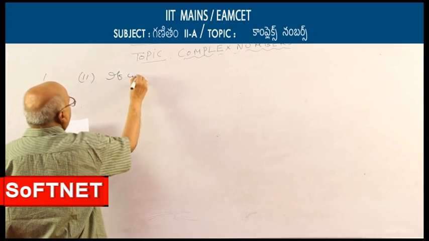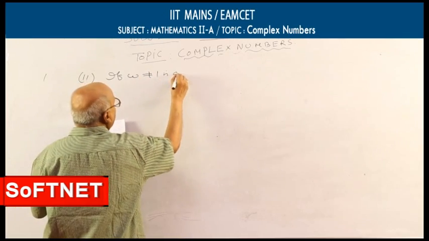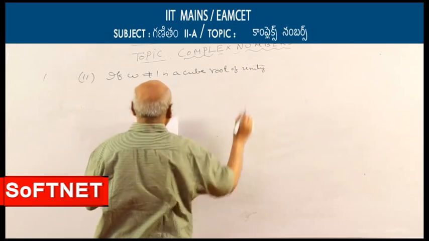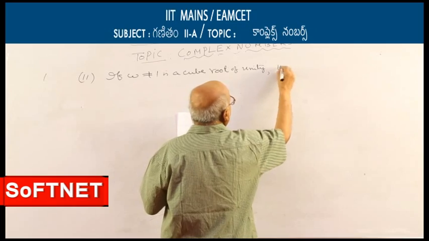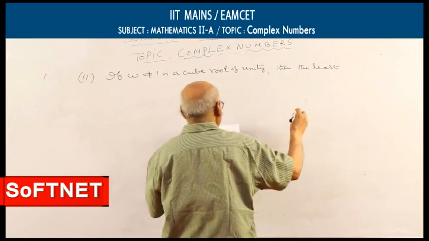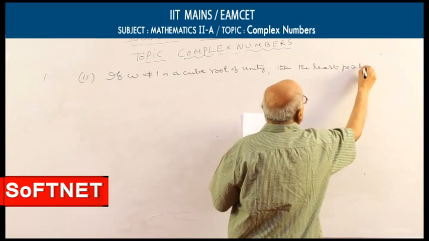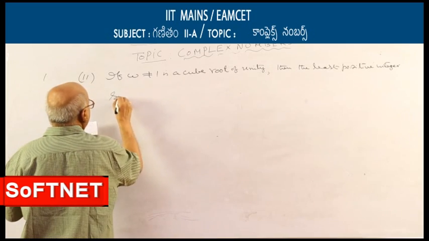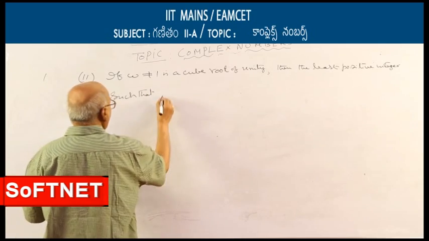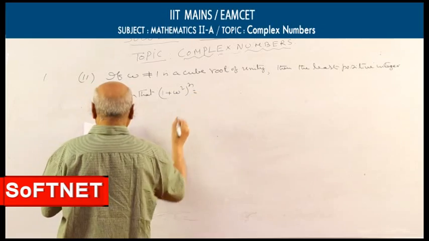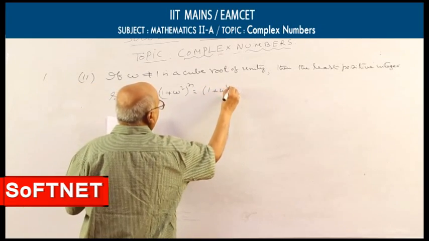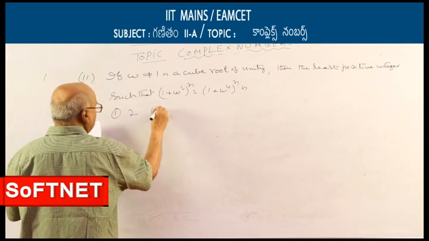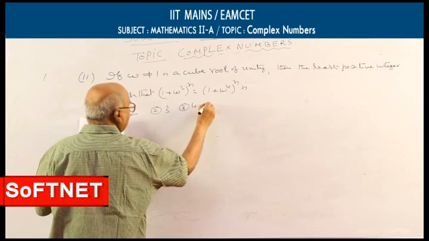If omega not equal to 1 is a cube root of unity, then the least positive integer n such that 1 plus omega square whole power n is equal to 1 plus omega power 4 whole power n is number 1, 2; 2, 3; 3, 4; and 4, 6.